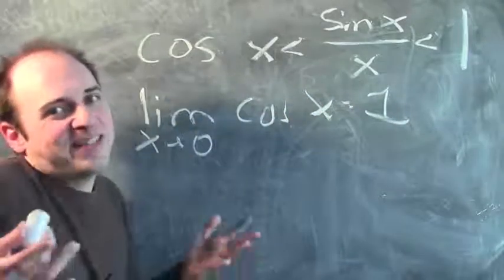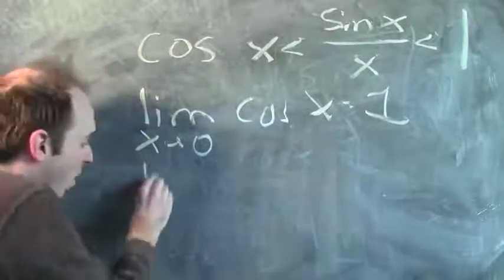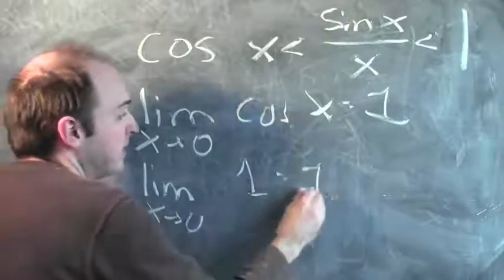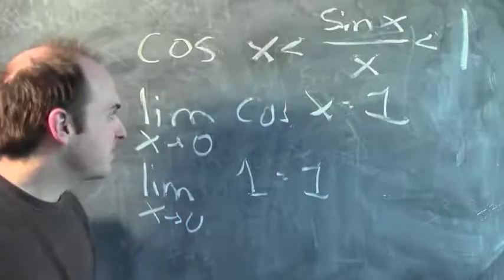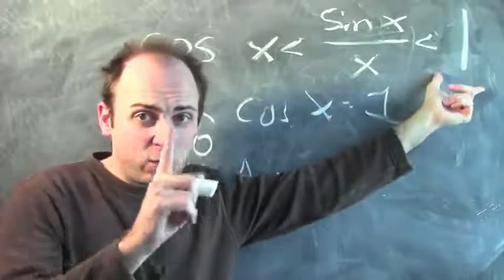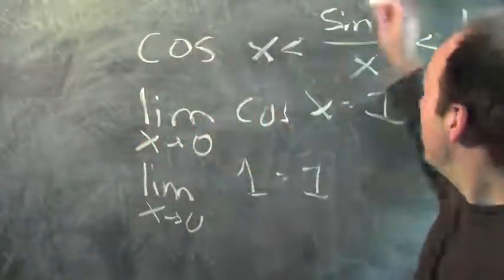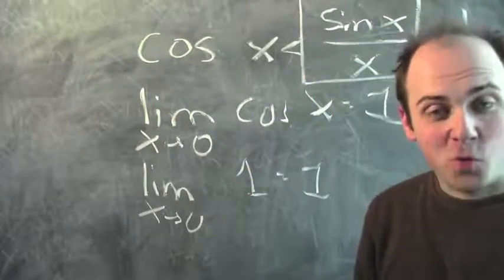If you like, because cosine's continuous and cosine of 0 is 1. Also, the limit of 1 as x approaches 0 is equal to 1, because the limit of a constant function is that constant. So the limit of this function is 1, the limit of this function is 1 as x approaches 0, and that means, by the squeeze theorem, the limit of sine x over x is also equal to 1.